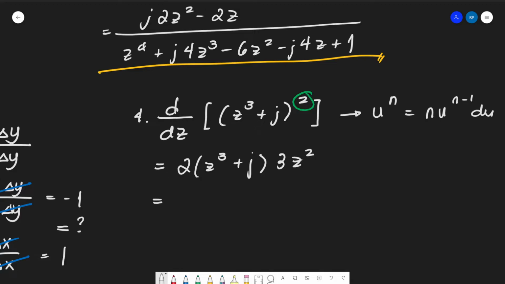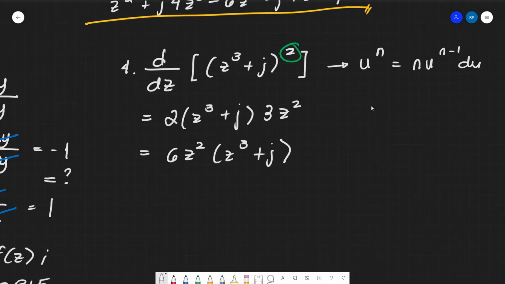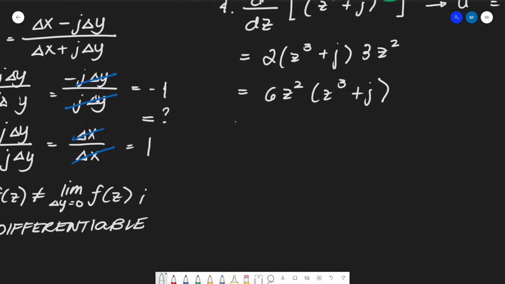Next, we have 6z squared times z cube plus j. Then, distribute na lang natin, magiging 6z to the 5th plus j 6z squared. So, yan na yung sagot.